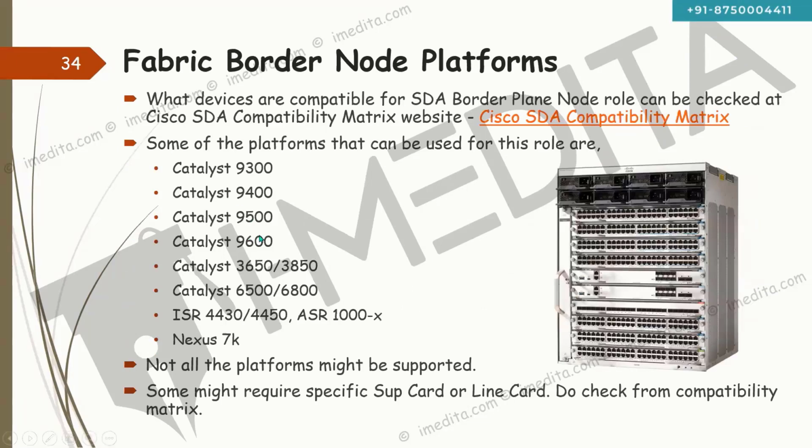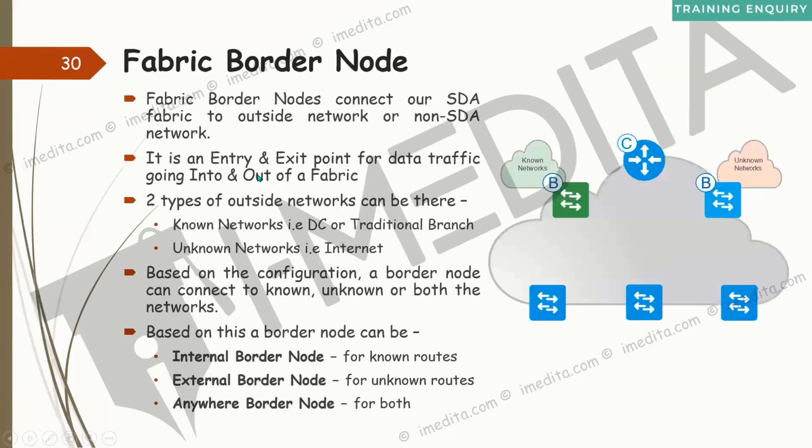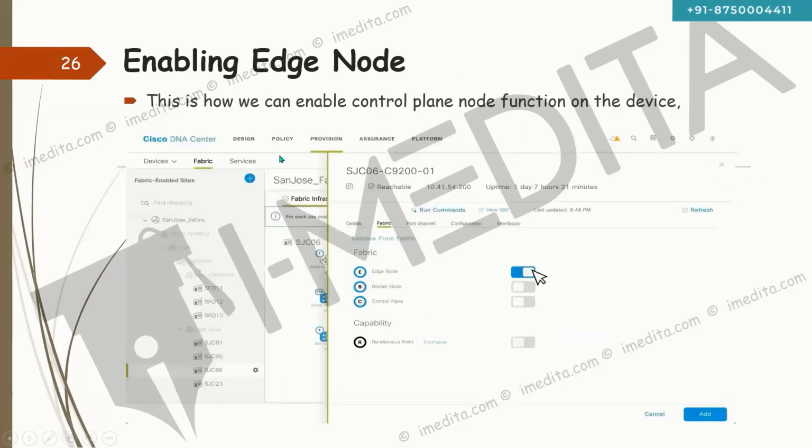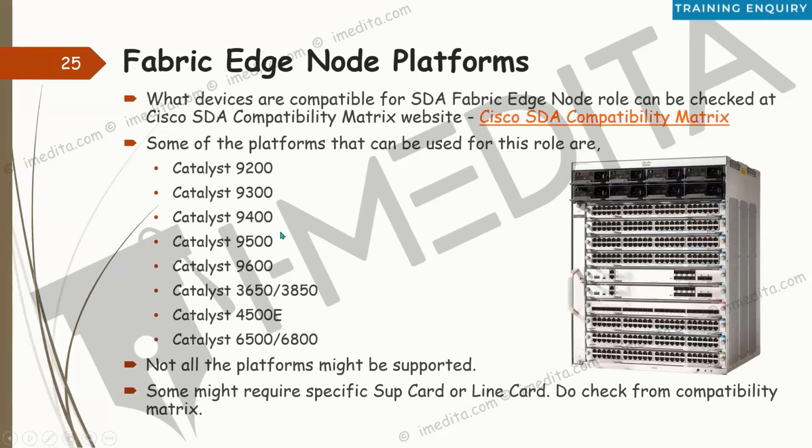In fact, almost all the switches are allowed to operate in all the modes. But the ISR and ASR, the routers, can act as border nodes and control plane nodes, not edge nodes. Edge nodes are typically switches, not routers. Okay, thank you.